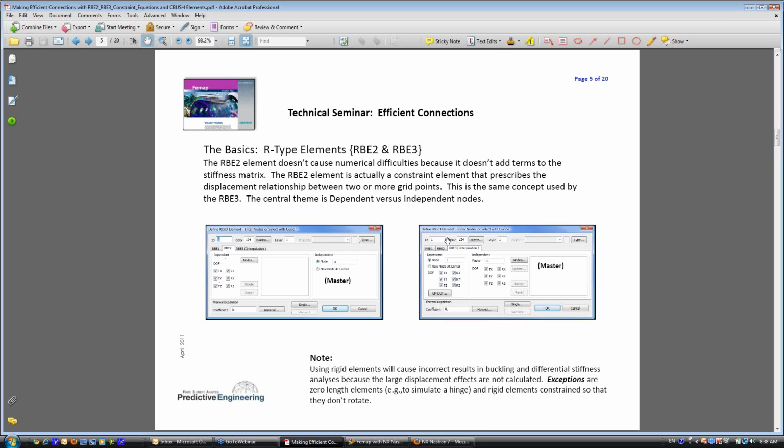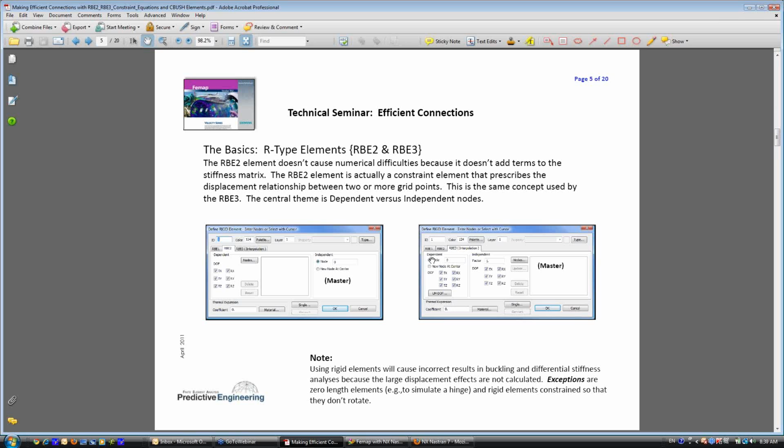Likewise, in your RBE3, this is where it makes good sense. Here's the dependent node that you pick, and here are all your independent nodes or master nodes which are driving the dependent node. Dependent means, of course, it relies upon all the other nodes to do its work.